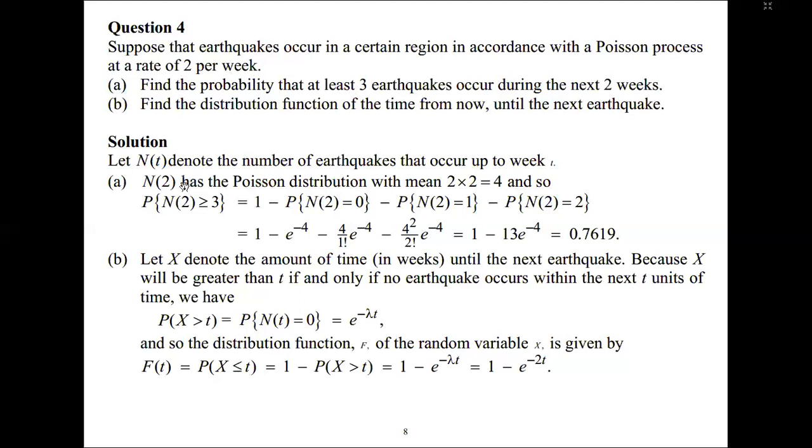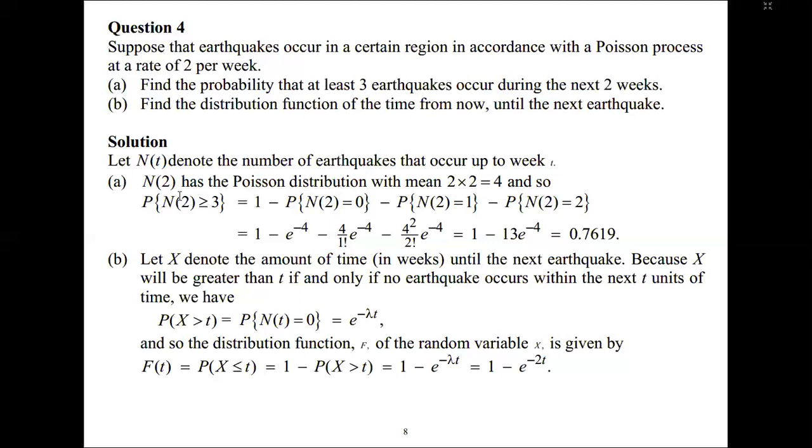So for N(2), t is equal to 2. So the number of earthquakes in 2 weeks will be 2 times 2, because the rate is 2. So it will be 4. So here we are going to use lambda equal to what? 4. Have you seen it?